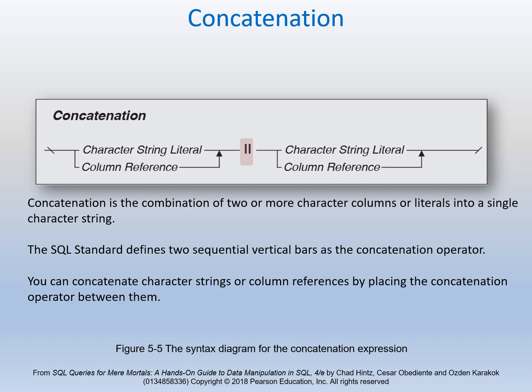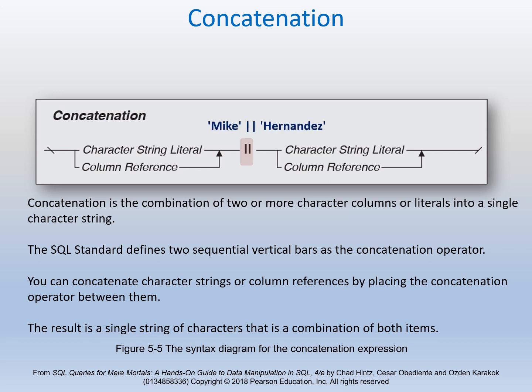You can concatenate strings or column references by simply placing the operator between the two items. The result will be a single string. For example, if we use the concatenation symbol between the character string Mike and the character string Hernandez, the output will be Mike Hernandez.